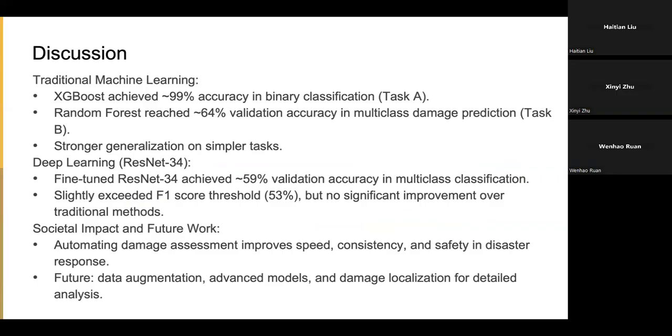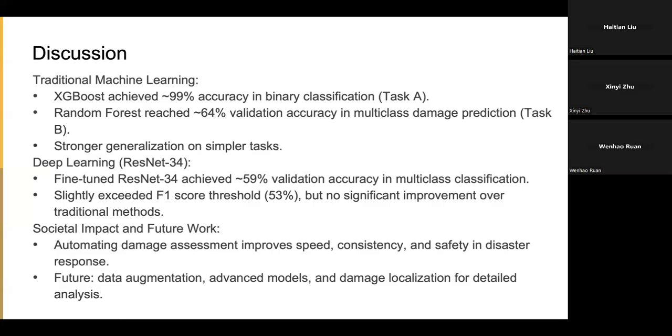While our fine-tuned ResNet model only achieved around 59% accuracy in task B. This result suggests that for this dataset, traditional methods may actually generalize better.